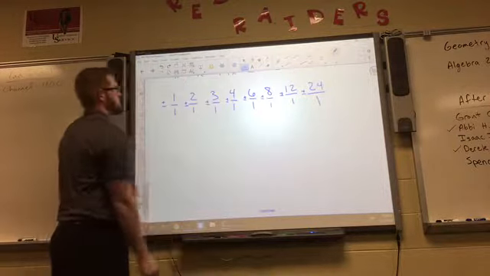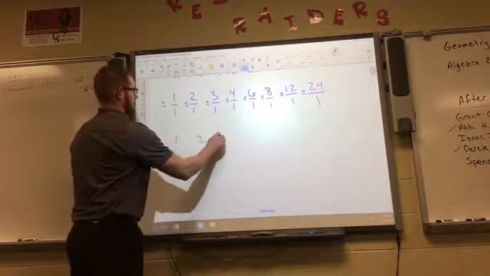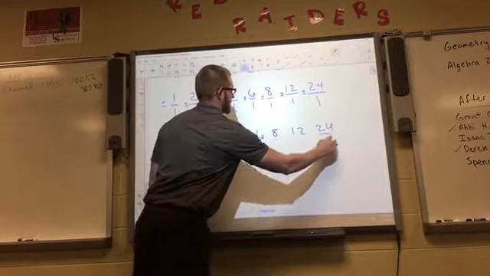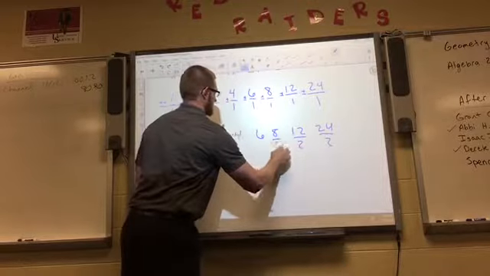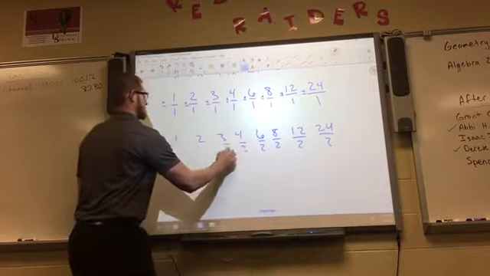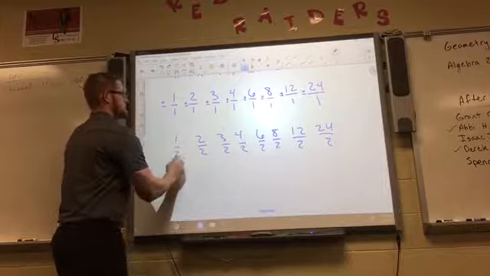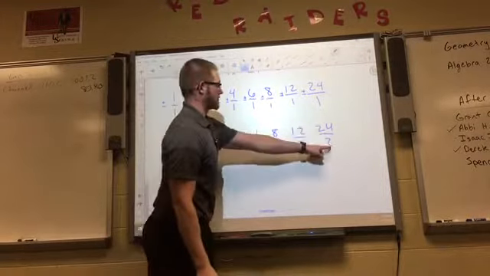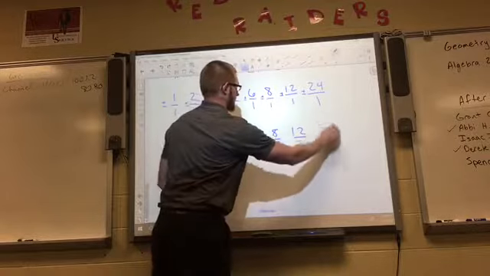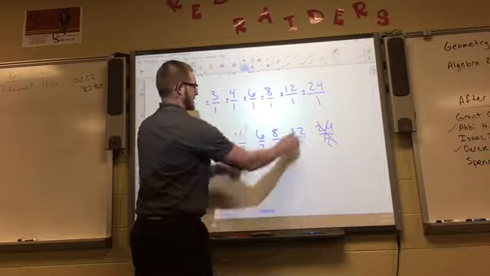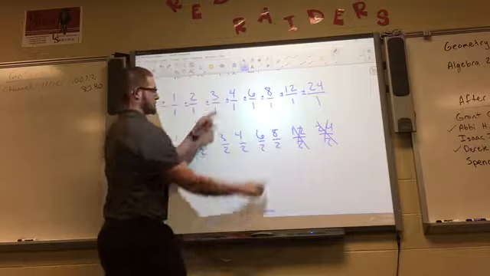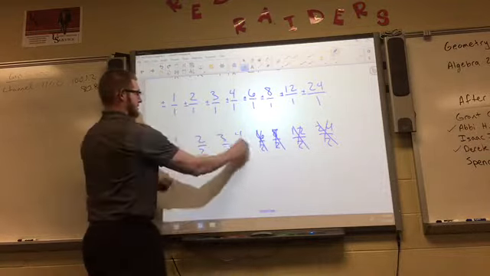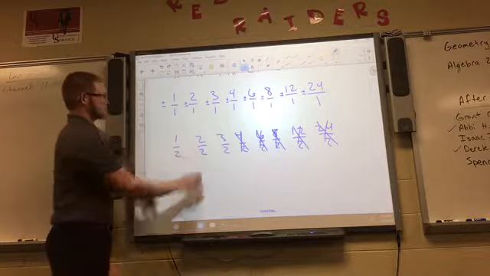In which case, you would have to do all this again, but on the bottom you'd put 2's. Now, notice 24 over 2 is 12, already did that. 12 over 2 is 6, already did that. 8 over 2 is 4, 6 over 2 is 3, 4 over 2 is 2, and 2 over 2 is 1. Did all of those.